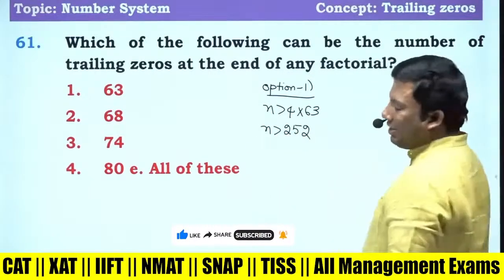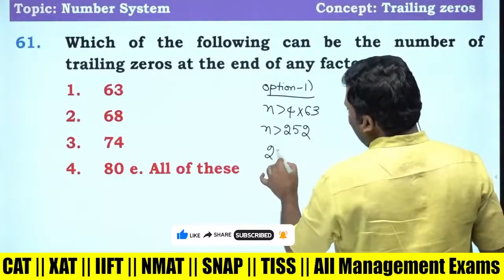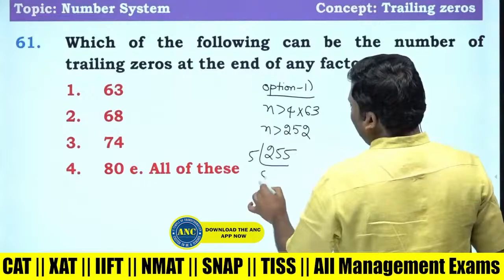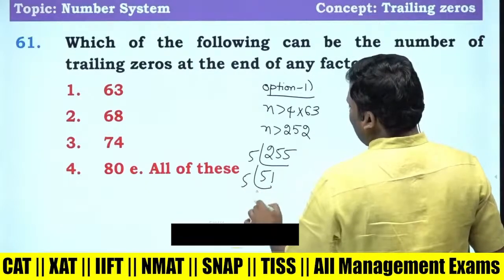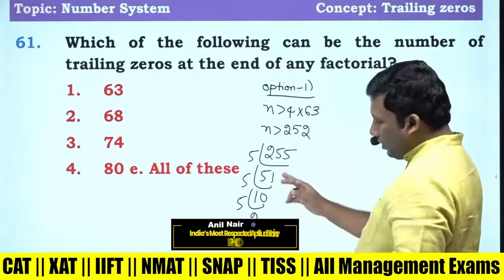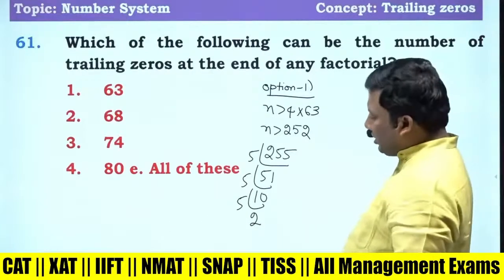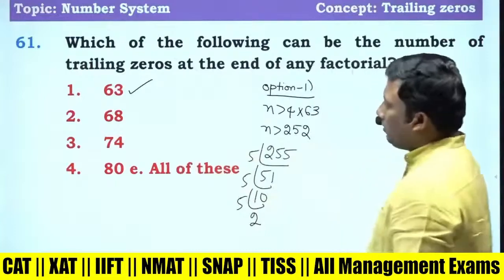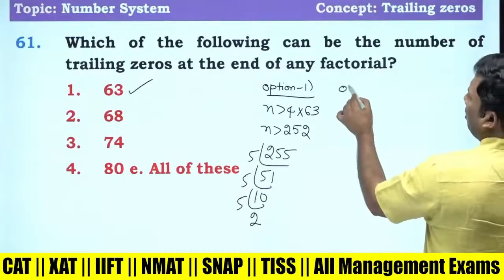What is the multiple of 5 greater than 252? 255. 5 51s are, 5 10s are, and 5 2s are. 51 plus 10, 61 plus 2, 63. It is possible.